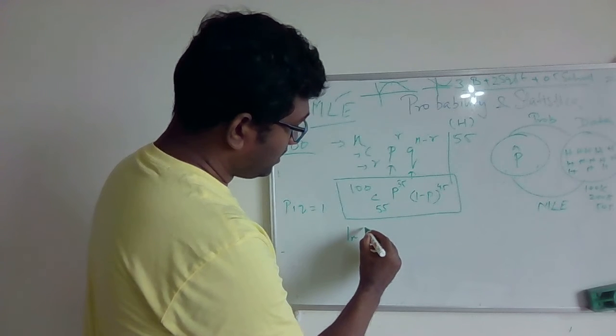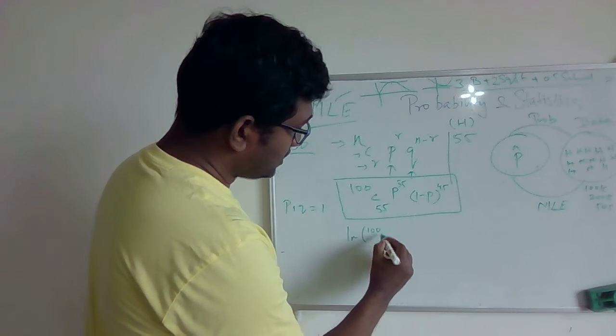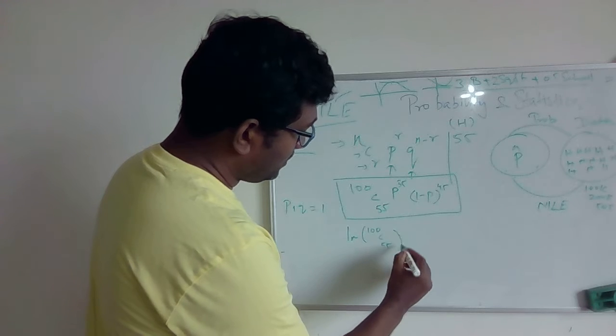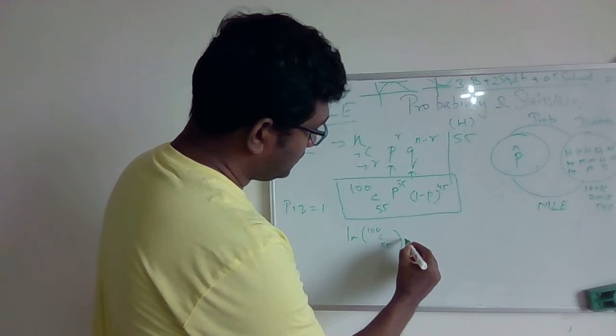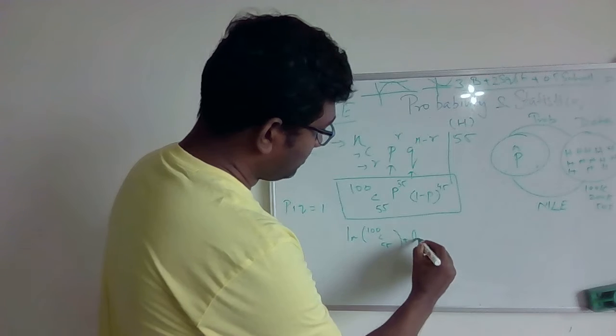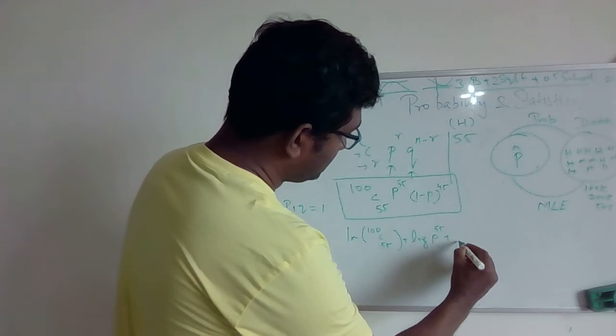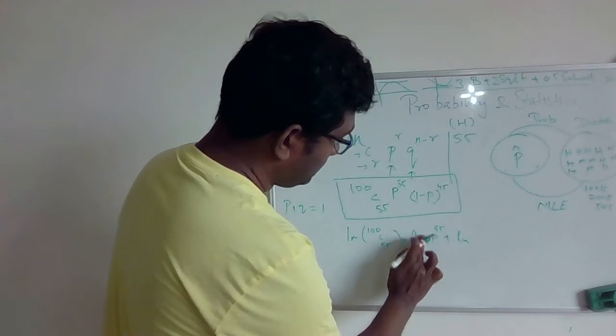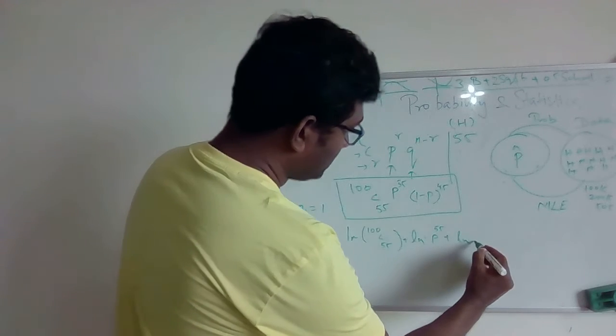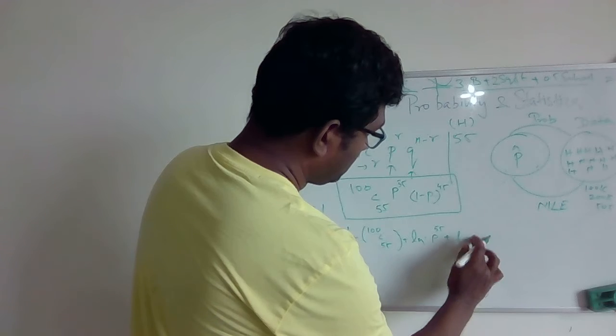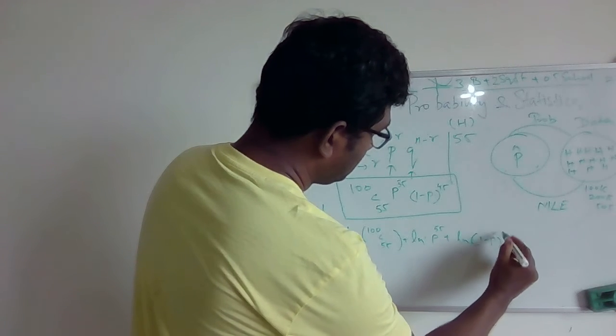Here it becomes natural log of 100C55, plus log of P to the power 55, plus log of 1 minus P to the power 45. The multiplication becomes additions, and it becomes like this.